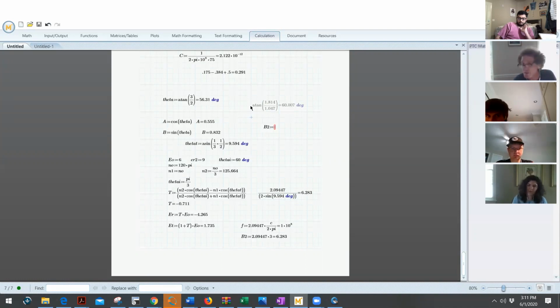It is 60. So it was right. It is 60 degrees. All right, and then that means if that is 60 degrees, then we have beta 1 sine of theta incident, which is 60, is equal to beta 2 sine theta transmitted. If I divide that by sine theta transmitted, that would be beta 2.